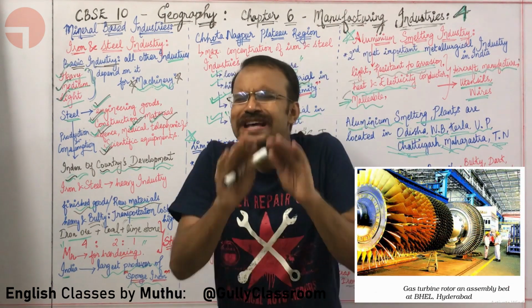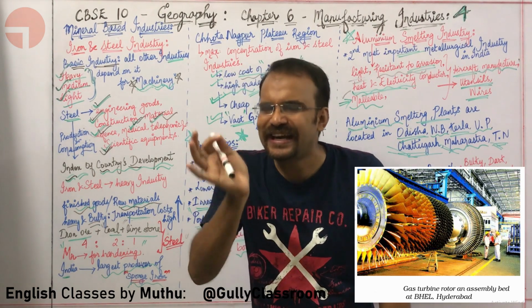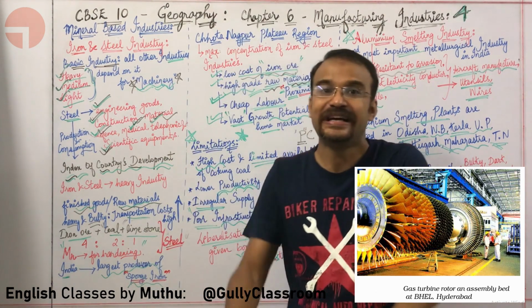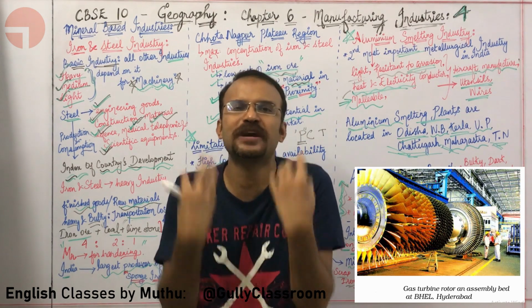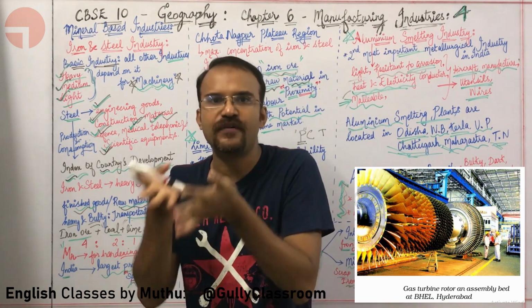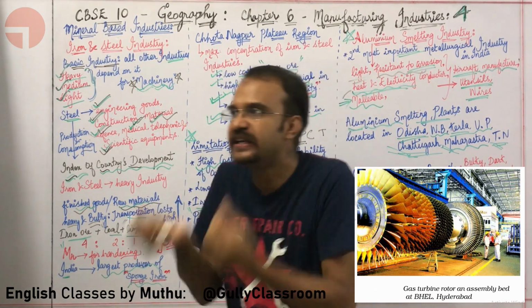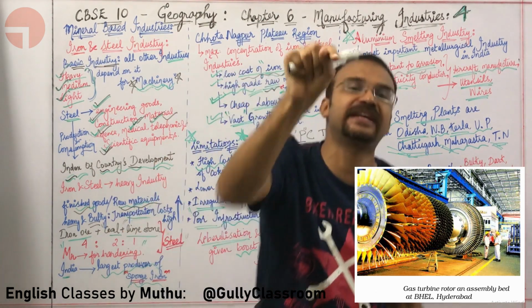In fact, the amount of steel that is being produced in a country and the amount of steel that is being consumed in a country will give you an indication of how many machines there are in the country, how many buildings are being constructed in the country, and how much industrial development is happening in that particular country.